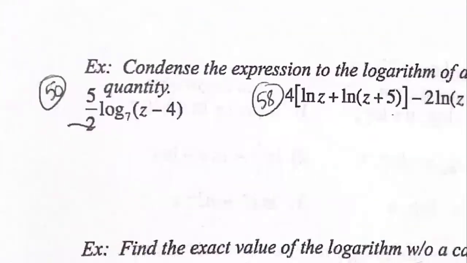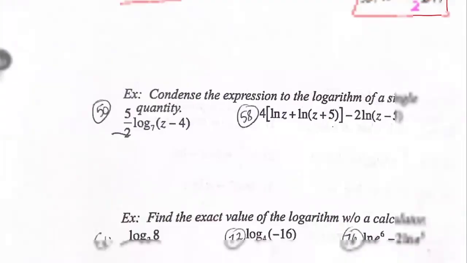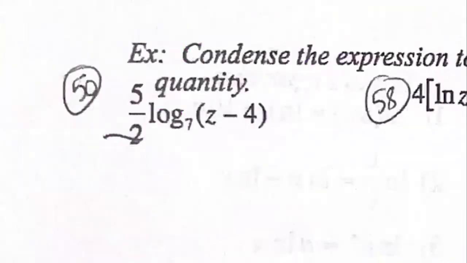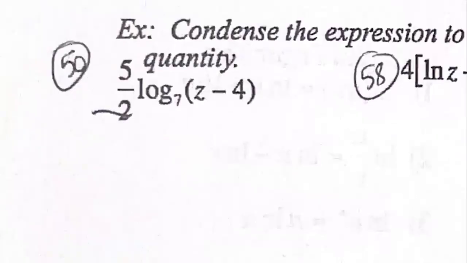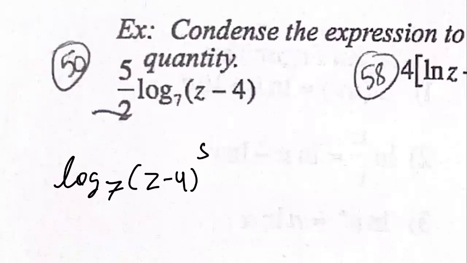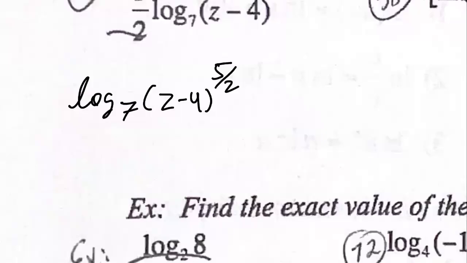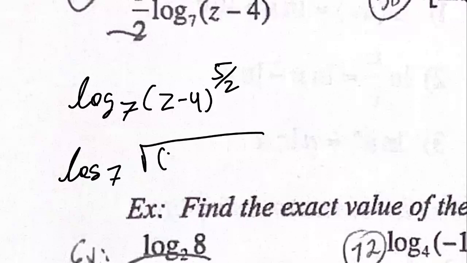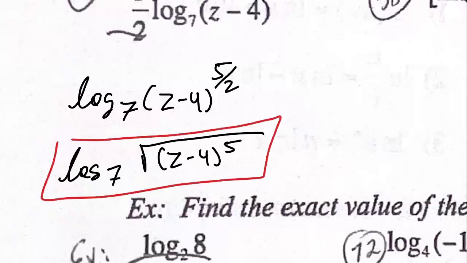Number 50, condense the expression to the logarithm of a single quantity. So this would just be the power rule. 5/2. And that's it. You could technically rewrite this as well to have the radical sign.